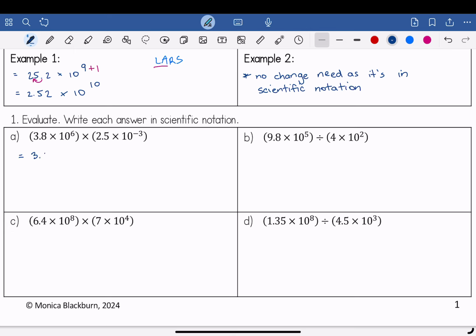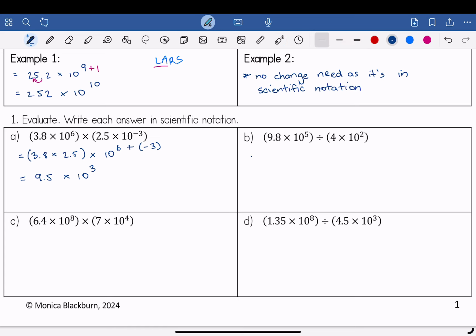So 3.8 times 2.5 times 10 to the power of 6 plus negative 3, which is equal to 9.5 times 10 to the power of 3, because 6 plus negative 3 is really 6 minus 3. Therefore, the exponent here is 3.